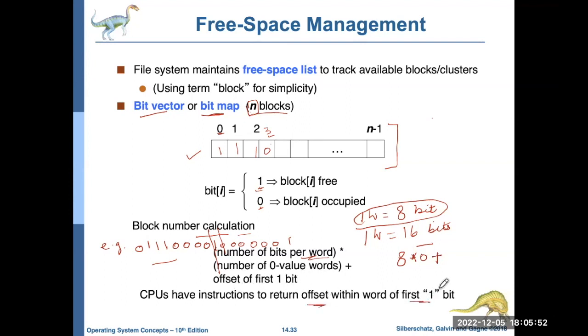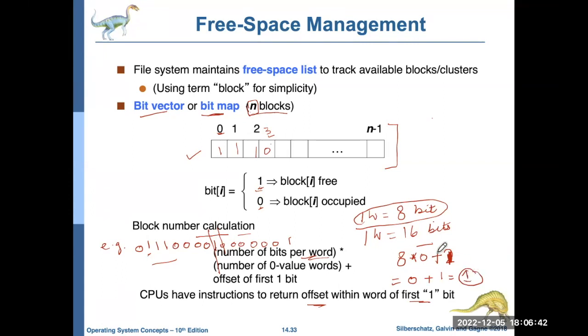There are CPU instructions which will return the offset of the first 1 bit. Let's say the offset here is 1. Why 1? Because we keep it similar, 0, 1, 2, 3, till n minus 1. So we get 0 plus 1, and the first free block is available at index 1.